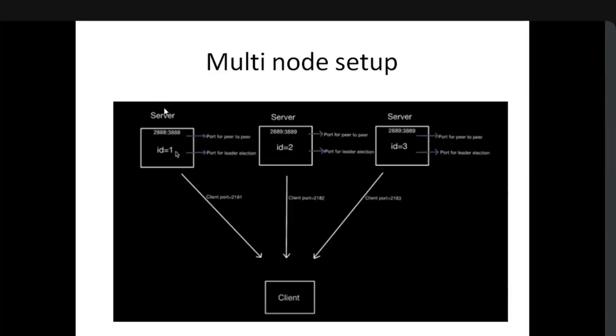Similarly, on the second server 2889 will be used for peer-to-peer communication, and 3889 for leader election. On the last server, similarly, 2890 will be used for peer-to-peer communication and 3890 for leader election. So I think this entire diagram is clear.